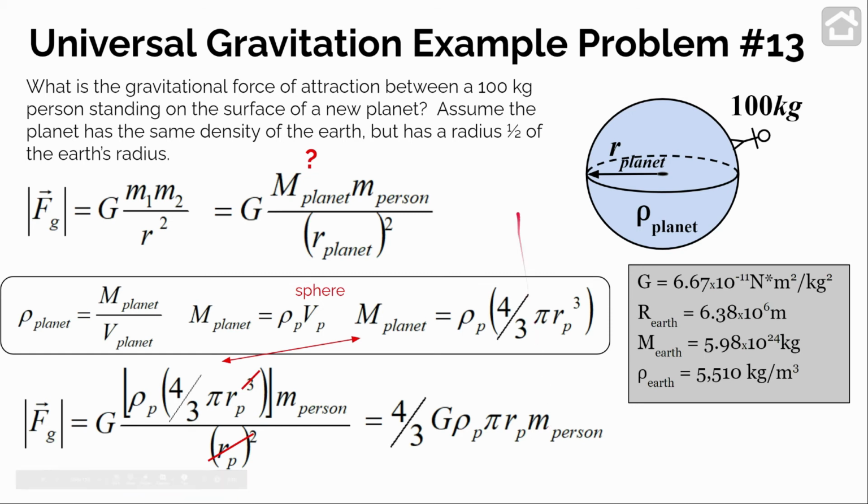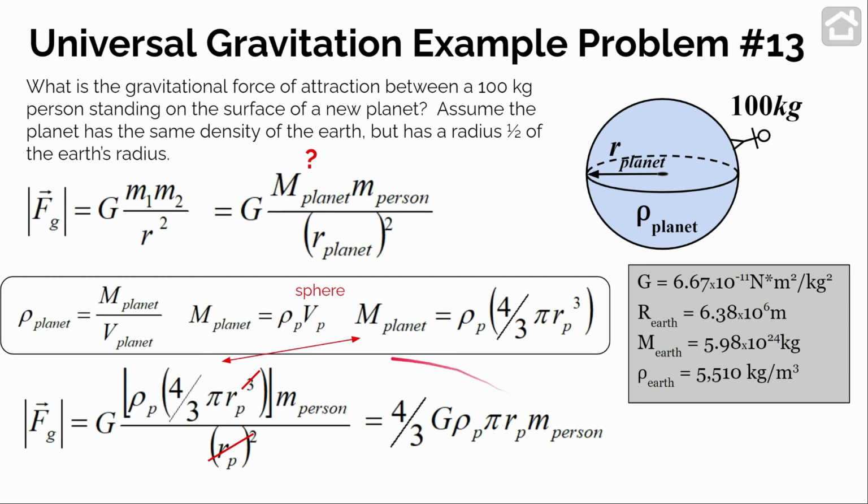So we could actually go back and answer this question up here, what's going to be true of the gravitational force of attraction if the density stays the same as that of the Earth, but the radius is 1/2 the size. So when we look at this, if density stays constant, G is constant, 4/3 is constant, pi is constant, and if we're talking about the mass of a person, right, whether they're on the Earth or this new planet, their mass is constant.